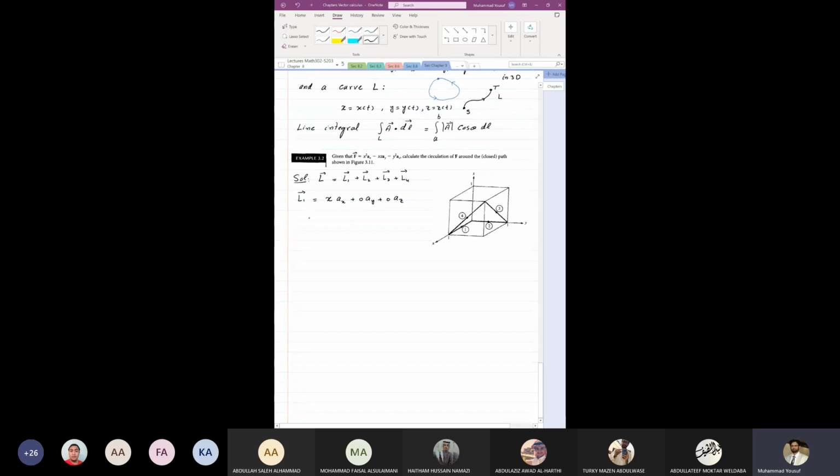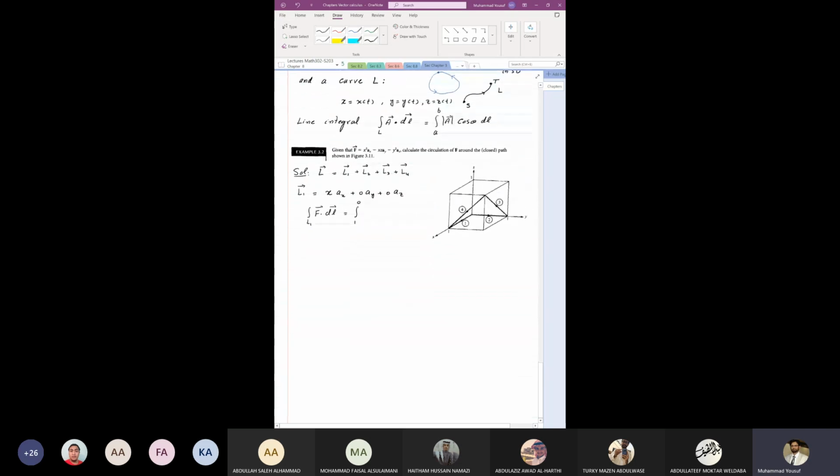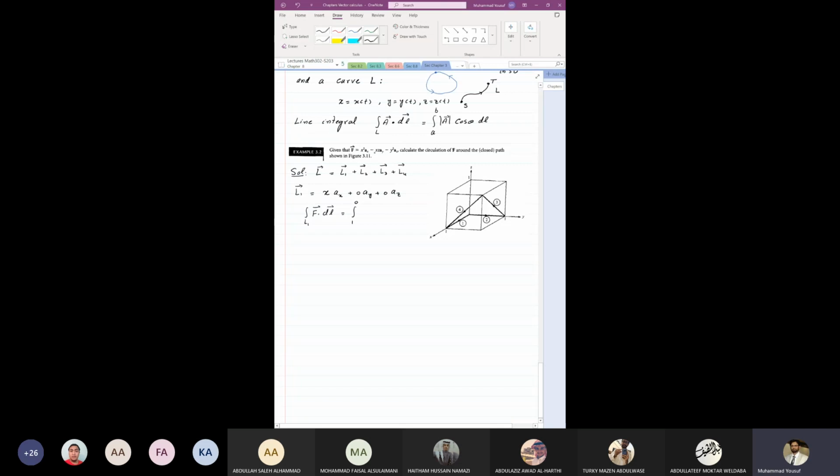So first, the integral over L1 of F dot dl. It will be integral from 1 to 0. Now y is 0, z is 0. So here, given F equal to this, wherever there is y we put 0, wherever there is z we put 0. What is left of the vector field F?